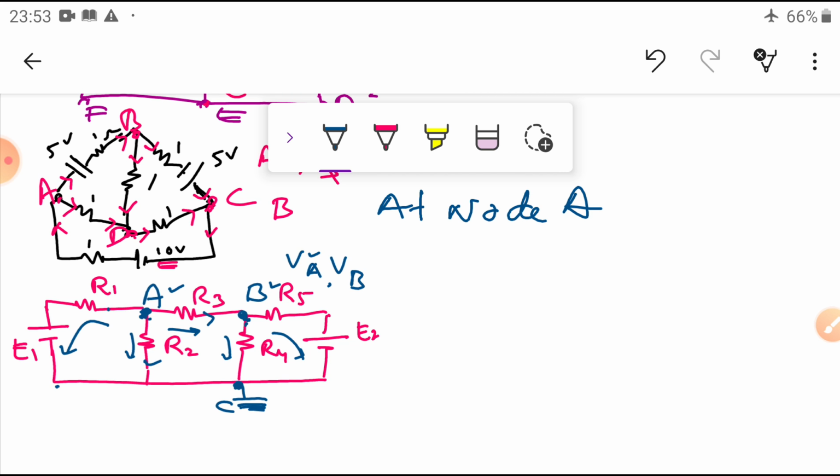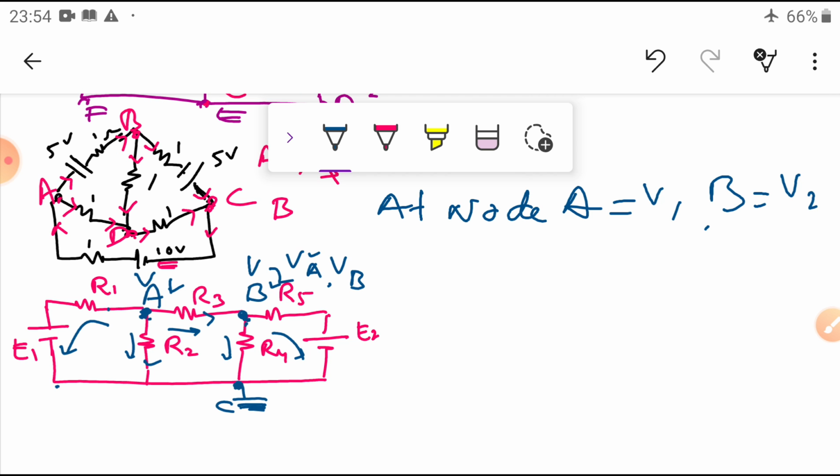Instead of VA, we can simply write V1, V2. Let us say the voltage at node A is equal to V1, and at node B is equal to V2. V1 and V2 are the unknown values we are going to find in this problem.